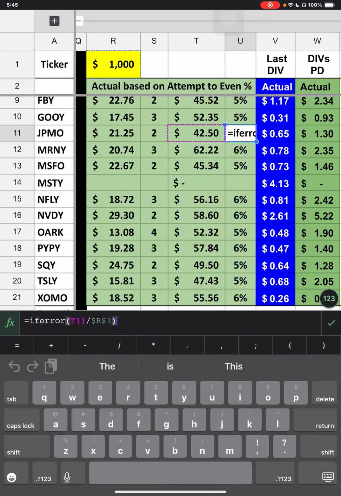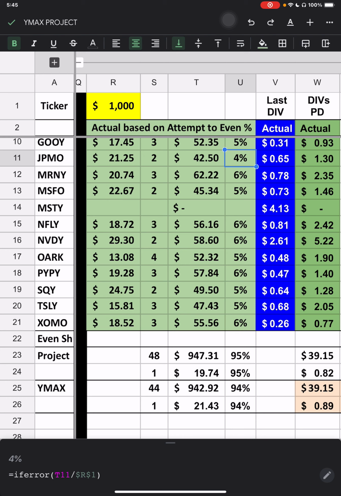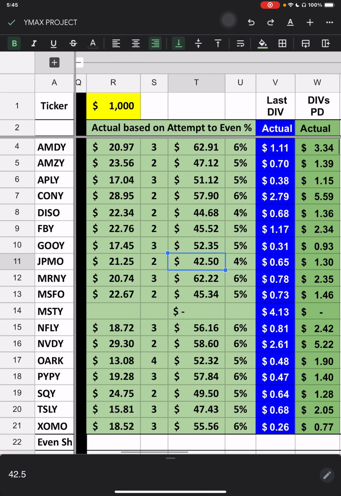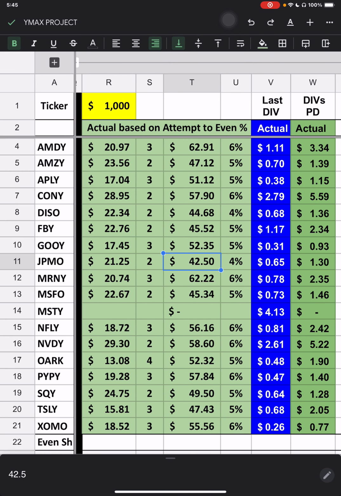This is being based off of what I paid for it, not necessarily what the distribution is today. I don't have that on here yet because I was still in the middle of building this. But anyway, this is what I have.